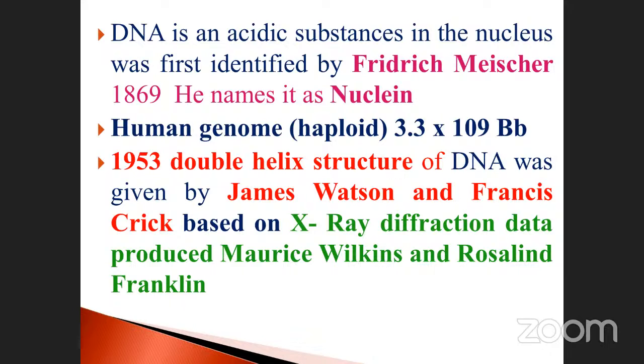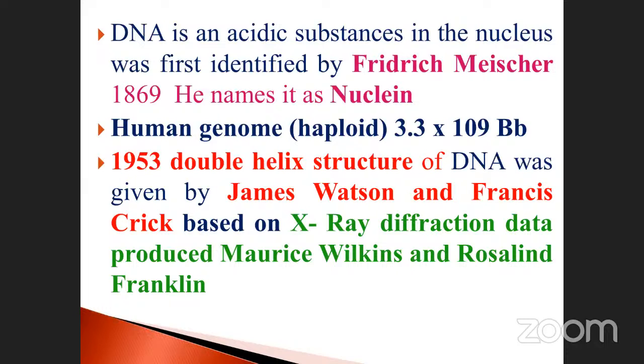1953, the double helical structure of DNA, already in our lab, was given by James Watson and Francis Crick based on X-ray diffraction. Yesterday, Ajay asked, what is meant by X-ray diffraction? Isn't it? Already I told you, it is related to X-ray methodology and also X-ray crystallography. Crystal means any one of the solid materials. When we are passing X-ray, what happens? The image will fall onto the opposite side or film, just like an X-ray. This was discovered by which one?